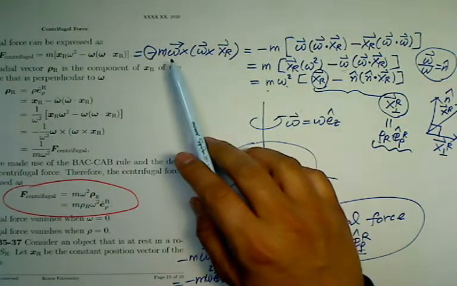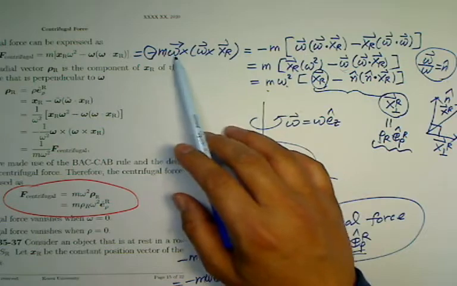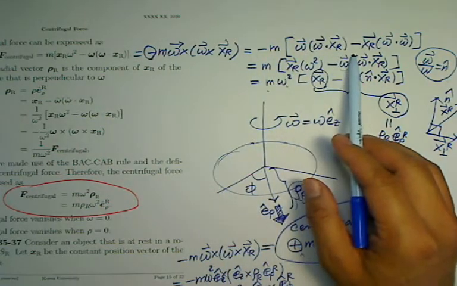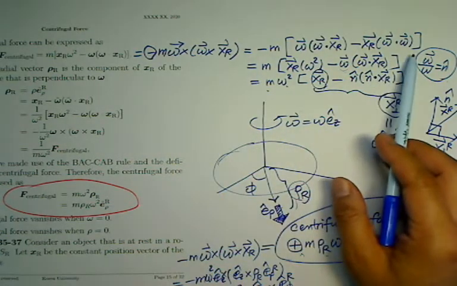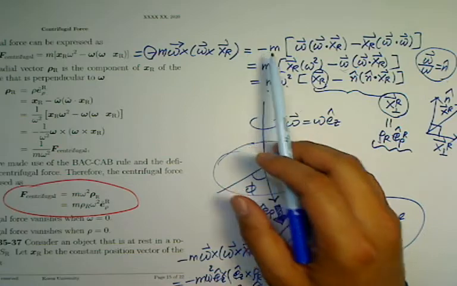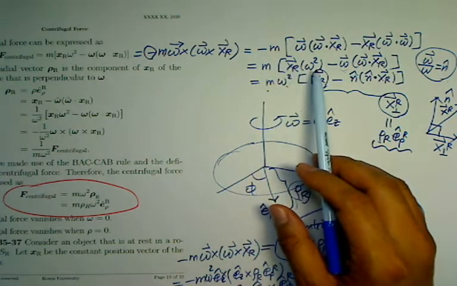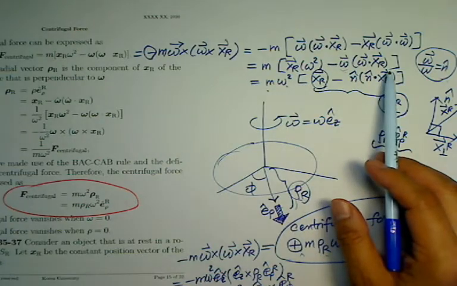If we apply the BAC minus CAB rule, and if I consider the negative sign, we have x omega squared minus omega dot x.